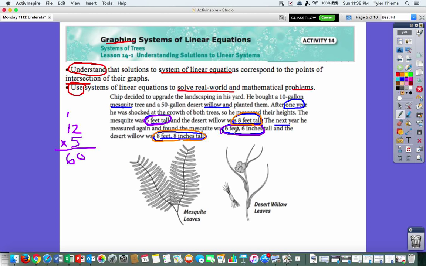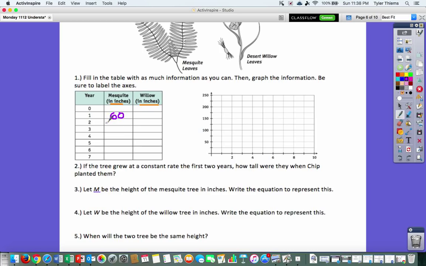Then year 2, it was 6 feet 6 inches. So it grew 18 more inches in 1 year on top of that. That would be 78.